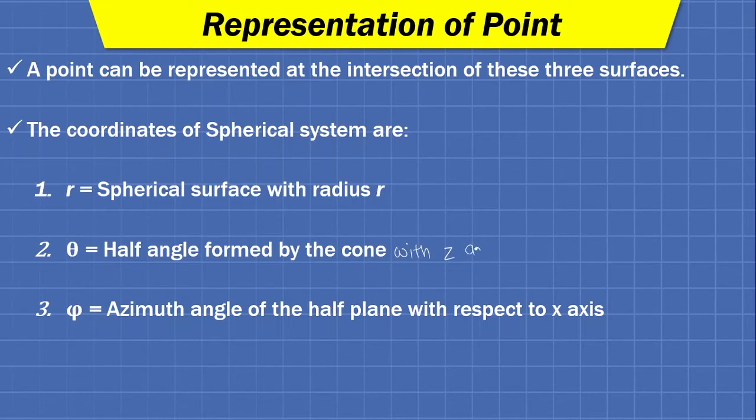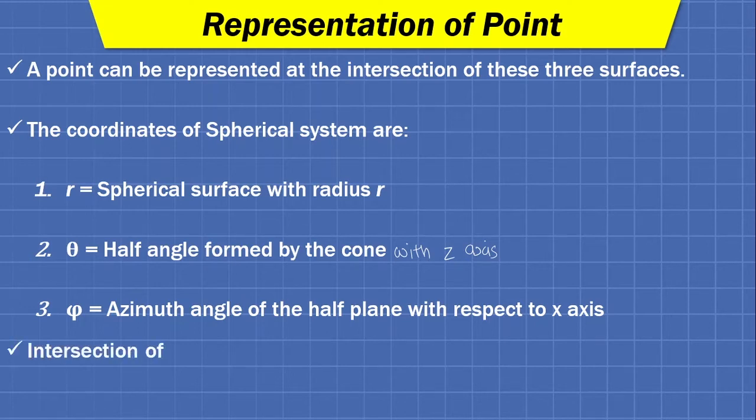Here it is very important to understand what the angle is made with reference to. So this theta is formed with the z-axis. And the third coordinate of the spherical system is phi, which is the azimuth angle of the half plane with respect to the x-axis.